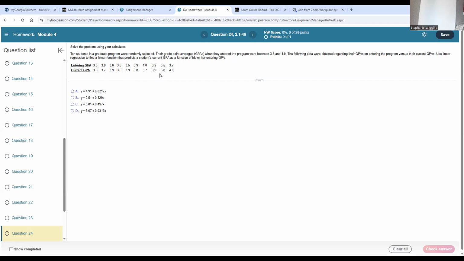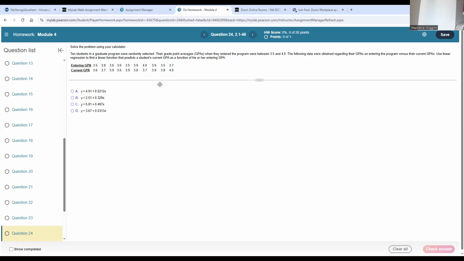We all have different calculators, although the ones recommended for your course are the TI 83, 84, or the TI 83 Plus, or the TI 84 Plus. Those four different models. You cannot use a symbolic calculator, that's not allowed. So make sure you have one of those four models that's approved by the university for this class.